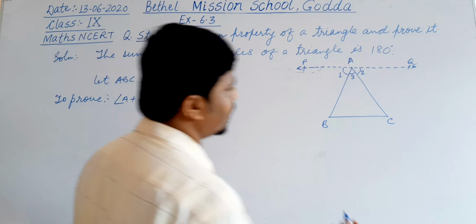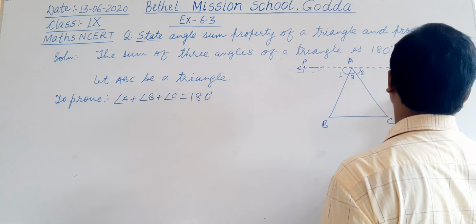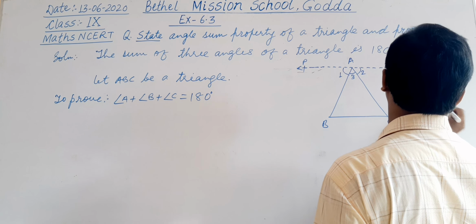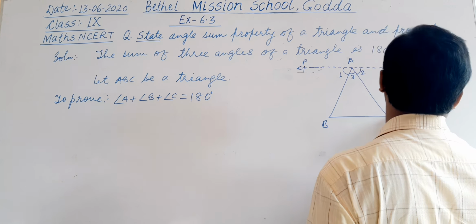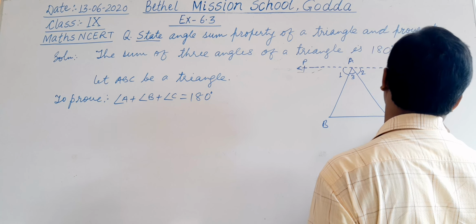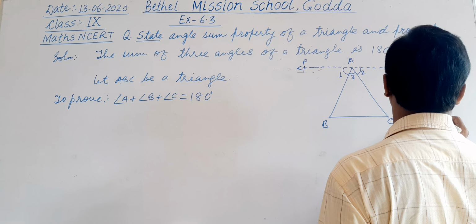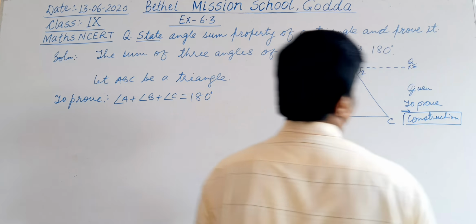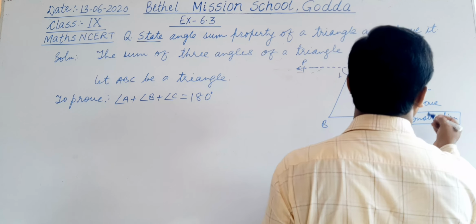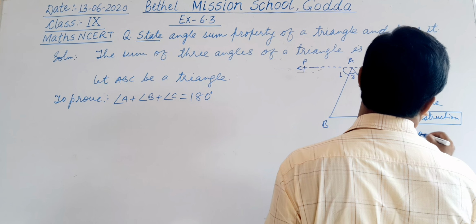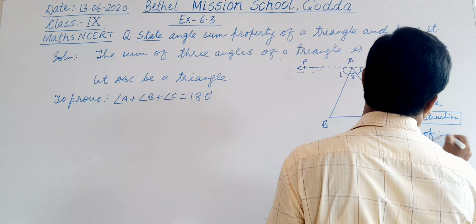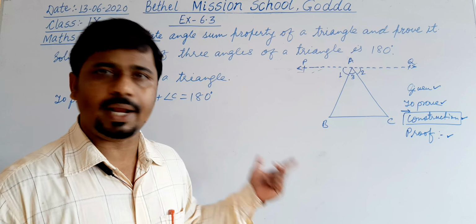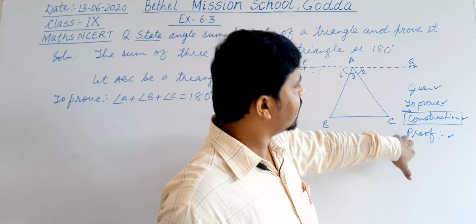So first, given, after that to prove. If there is a construction, then you will write construction. Otherwise, if there is need, then prove. So these three things are very important to know, and the fourth one is according to need.